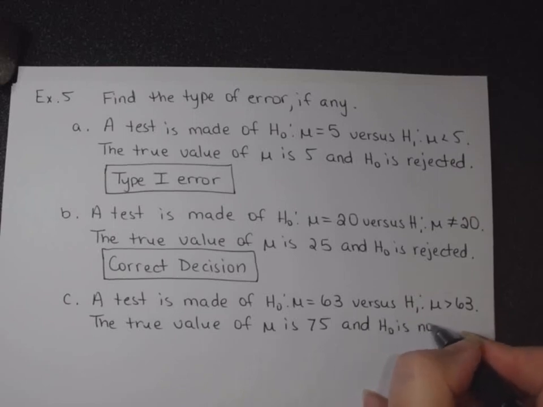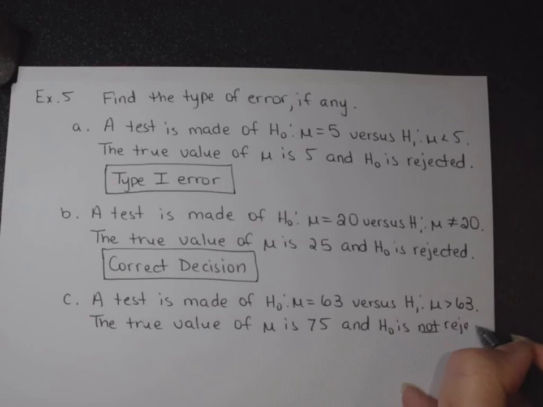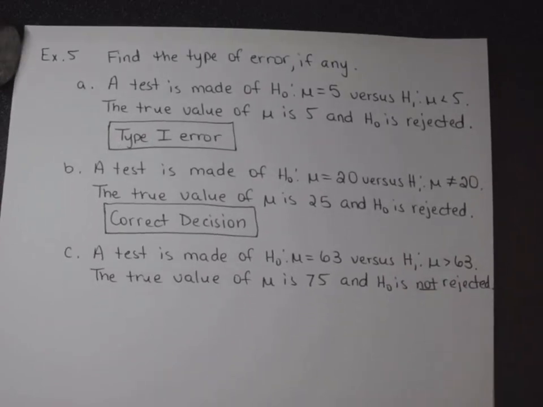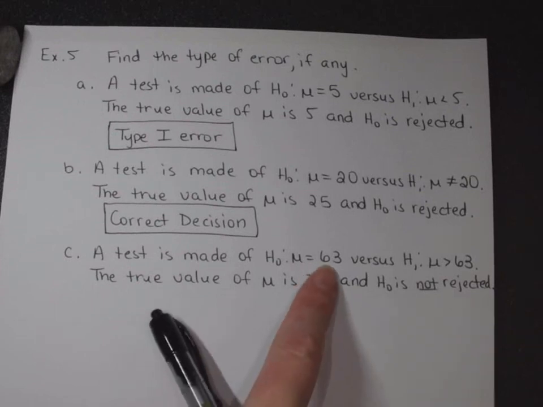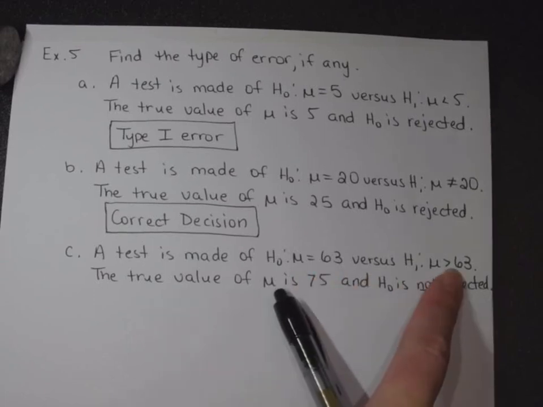And H sub 0 is not rejected. By the way, notice we're always only rejecting H sub 0 and then by default saying something about H sub 1. Okay. All right, so we think the mean is 63 versus something bigger than 63.